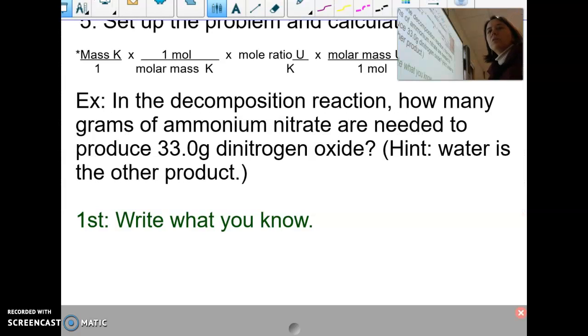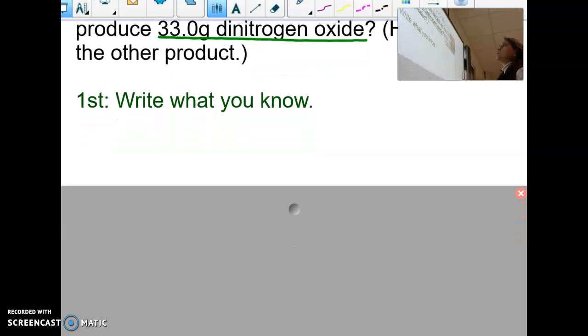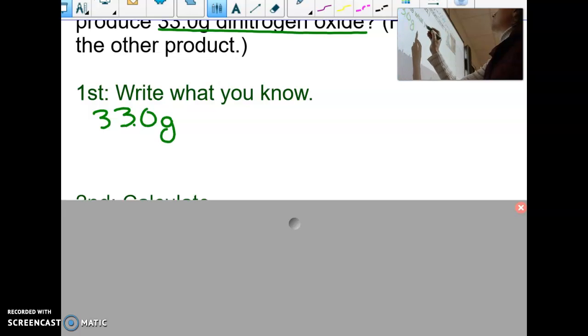Okay, the first thing we're going to do is write down what we know. So we know that we are looking for how many grams of ammonium nitrate. And we know that we have 33.0 grams of dinitrogen oxide, and I want you to figure out what that formula is.